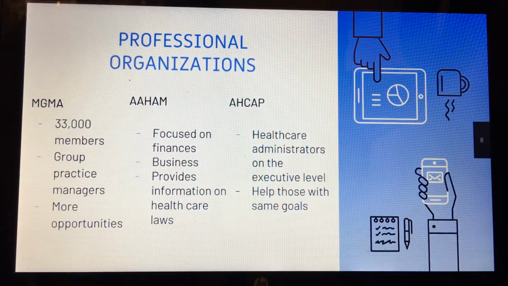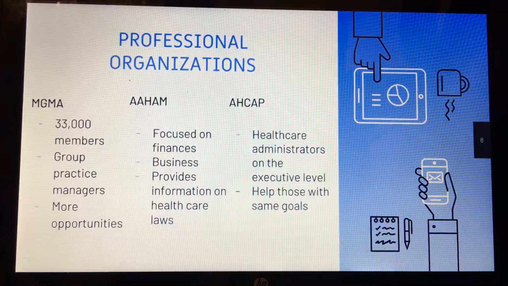Group practice managers are the majority of the people in this association, and this has a lot more opportunities because there are so many members, therefore a lot more people can collaborate. The AAHAM, which is the American Association of Healthcare Management, is focused on finances and business.